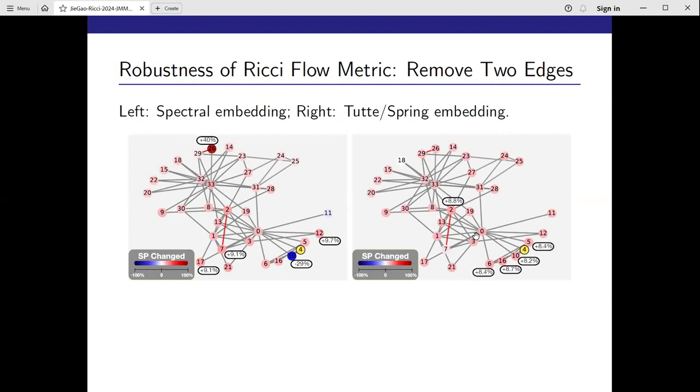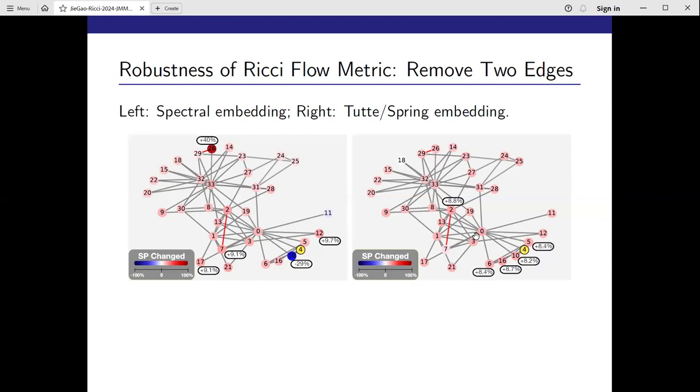Before I show the Ricci flow result, I just want to say a few more words about this robustness issue. Here I'm showing a quadratic club network, with spectral embedding, and this is the spring embedding, where you fix some vertices, imagine the edges as springs, and just let it go. The entire network will stabilize, and therefore you have edge lengths coming from the embedding, and you could use that to measure distance between two vertices in the graph.